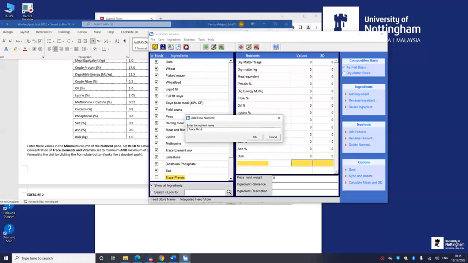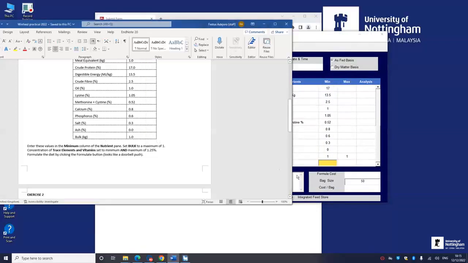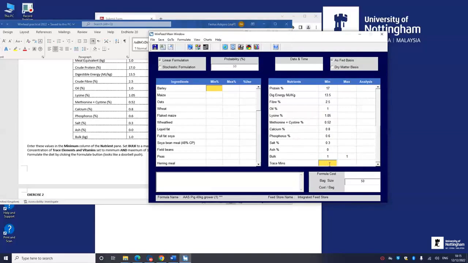So you see on this sheet, you can add ingredients, you can also add nutrients based on what you want to achieve, and then you can set those constraints. So back here, now I have trace mineral, minimum 1.25 and maximum 1.25.